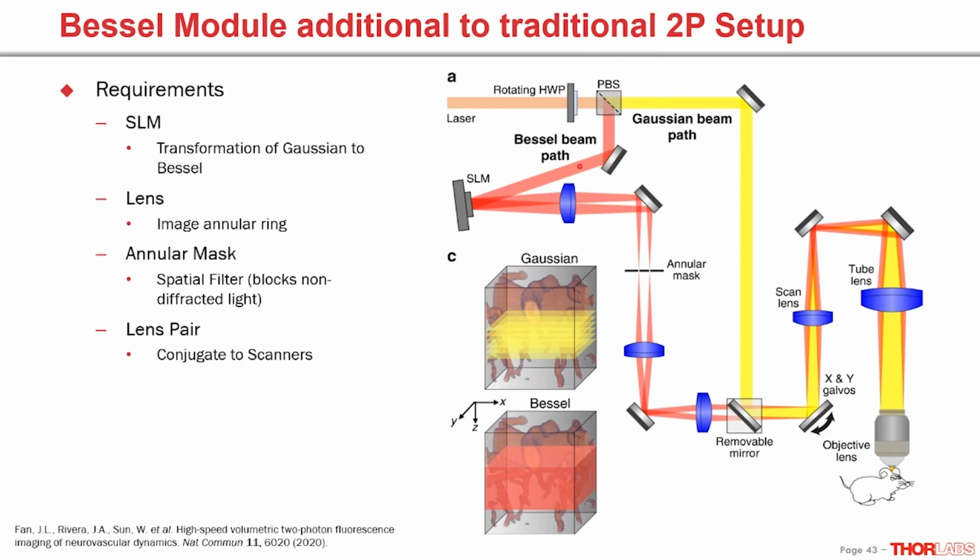Then you would send your light to this SLM that has your phase pattern, which gets diffracted and imaged with the lens to this imaging plane here, where you have your annular mask that spatially filters or blocks all this non-diffracted light. You can then use a pair of lenses to conjugate to these scanners. Having this additional module gives you the best of both worlds, where you can get the structural information with your Gaussian beam, get all the depth information you need, and then do the functional imaging capturing a single volume with a single scan.